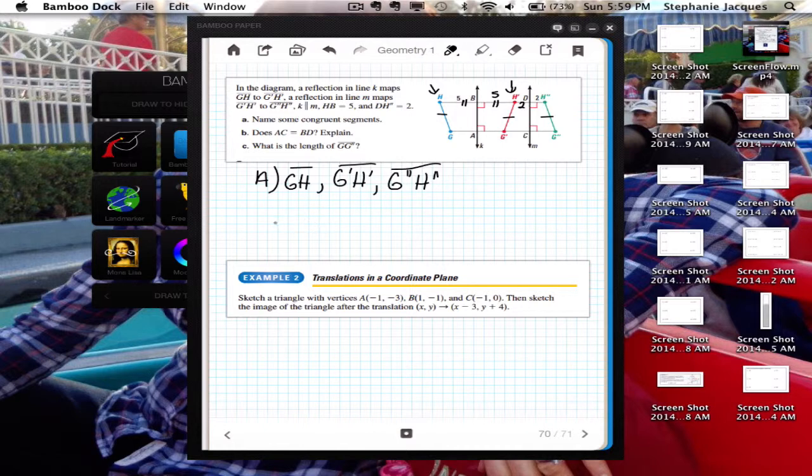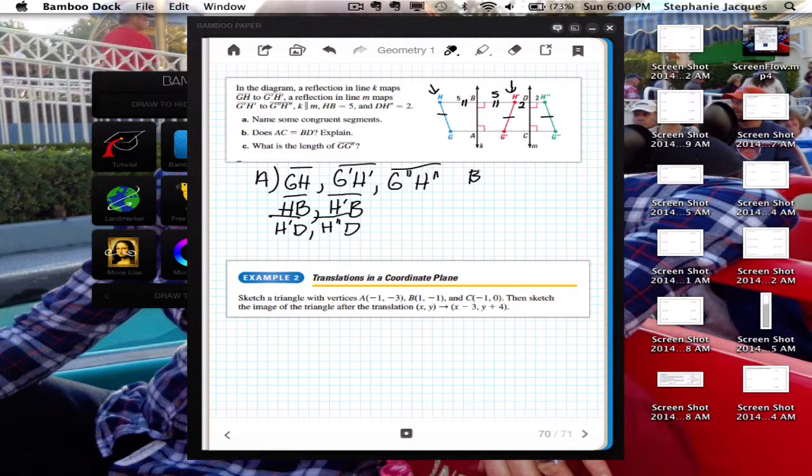And then we also know that HB is congruent to H prime B. And then also we have H double prime D is congruent to H prime D. So we can put that one too. We can say that H prime D is congruent to H double prime D. So those are some congruent segments. We could also go on the bottom and do those, but those are just examples of some.